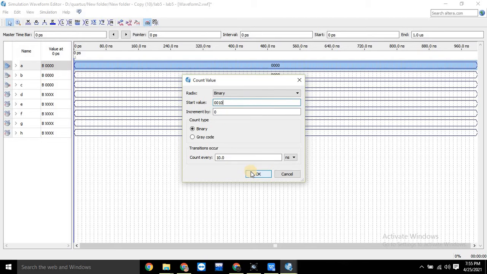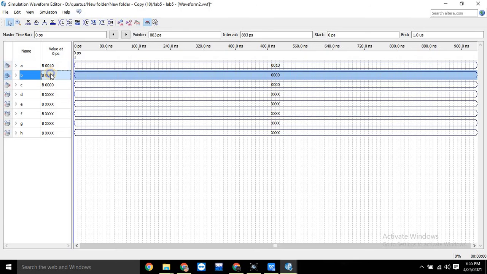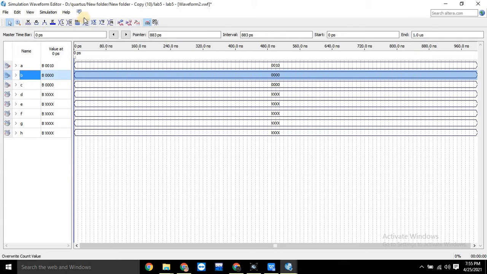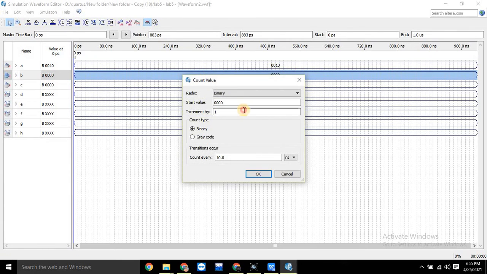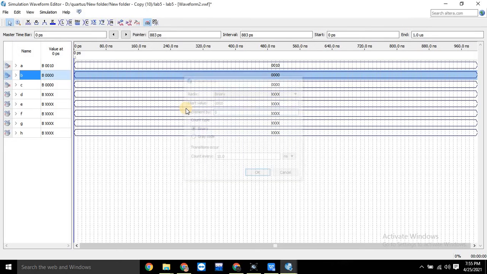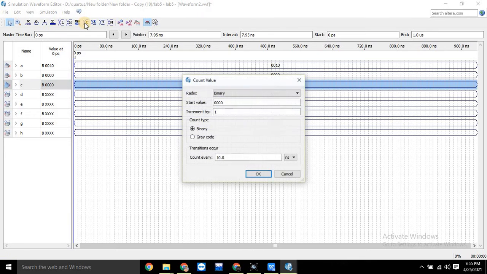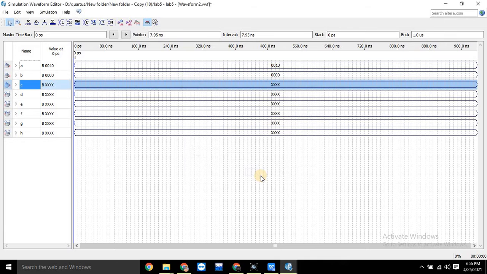So A is 2, B is 0, and C is unknown. Okay, so now we'll be compiling our code.